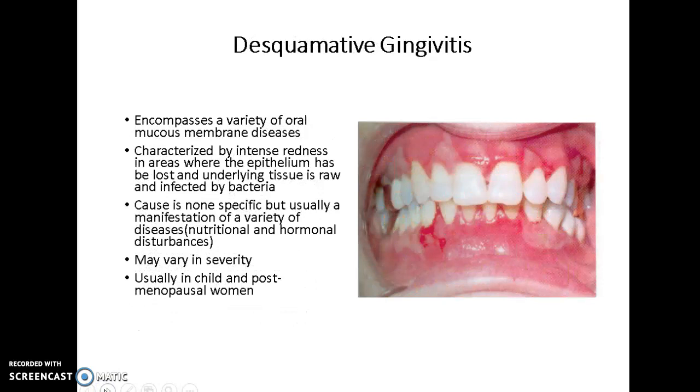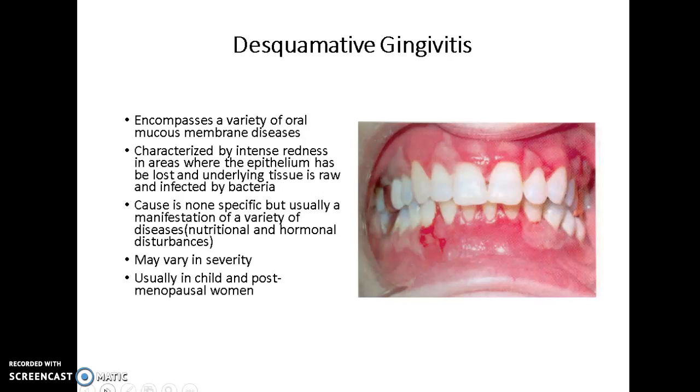Desquamative gingivitis is another type of condition involved with periodontitis. This encompasses a variety of oral mucosal membrane diseases. It's characterized by intense redness in areas where the epithelium has been lost and the underlying tissue is raw and infected by bacteria.